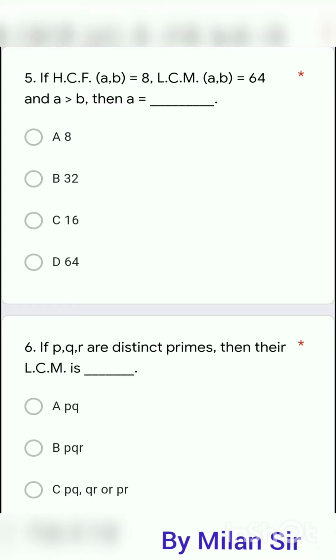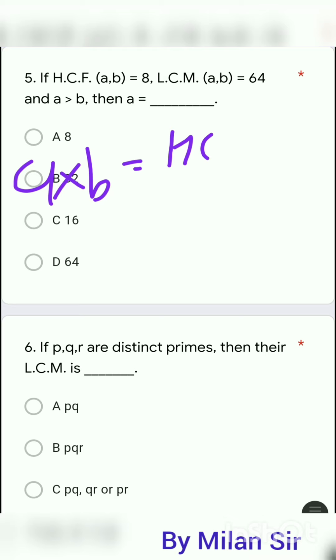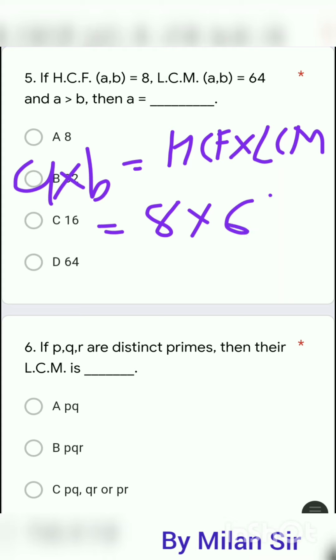Now we know one thing: A multiply B is equal to HCF multiply LCM. So HCF is 8 and LCM is 64.